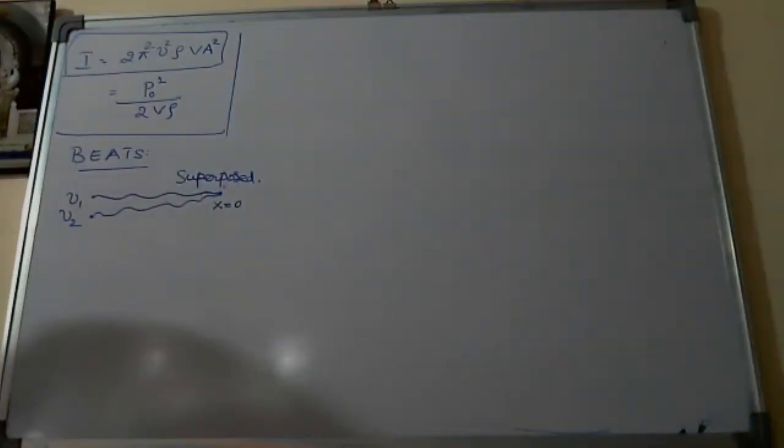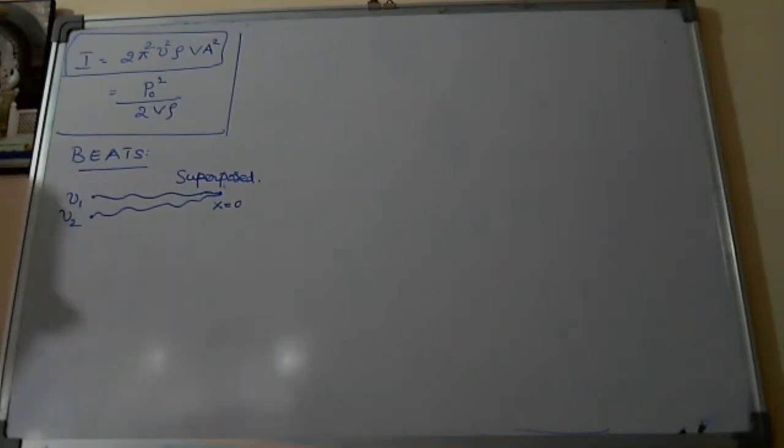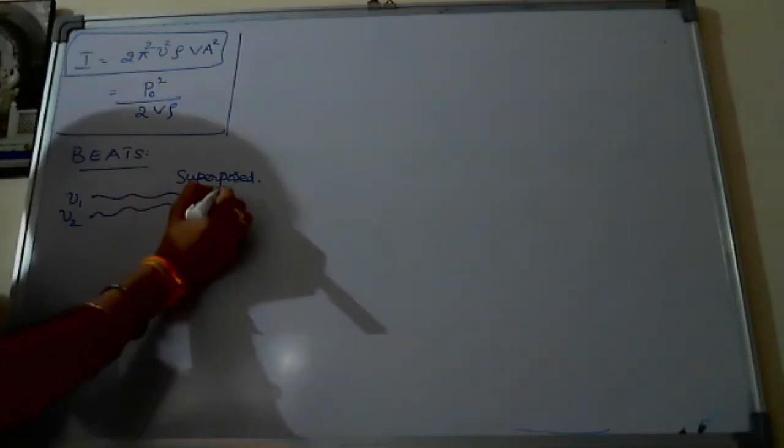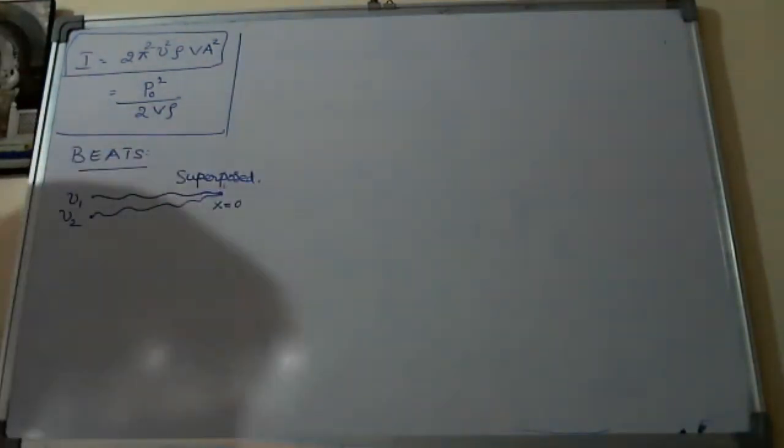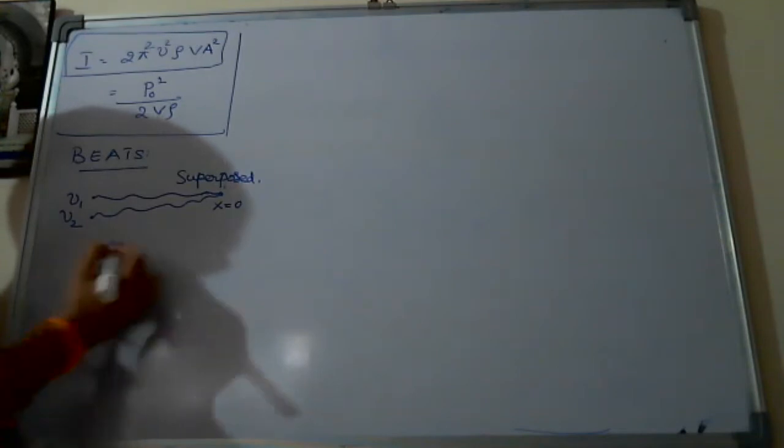At that point, what happens? We are going to see. First of all, if I ask how the displacement of the resultant wave after superposing changes, then I will write first y1. Quickly, I am writing here the displacement of the first wave.